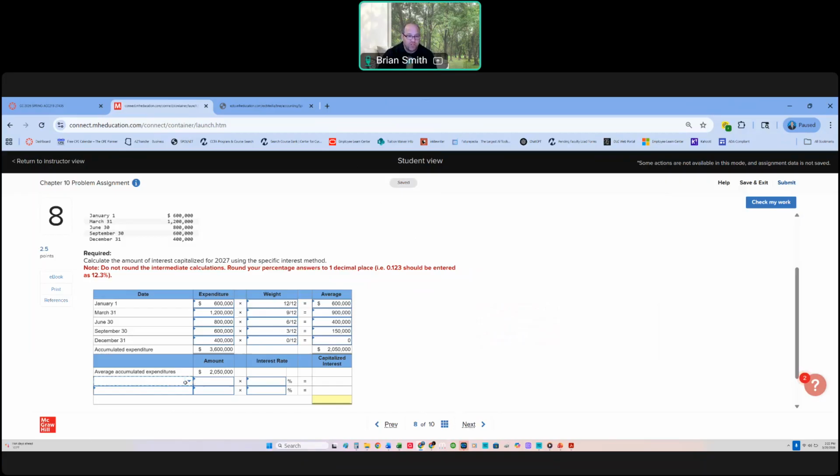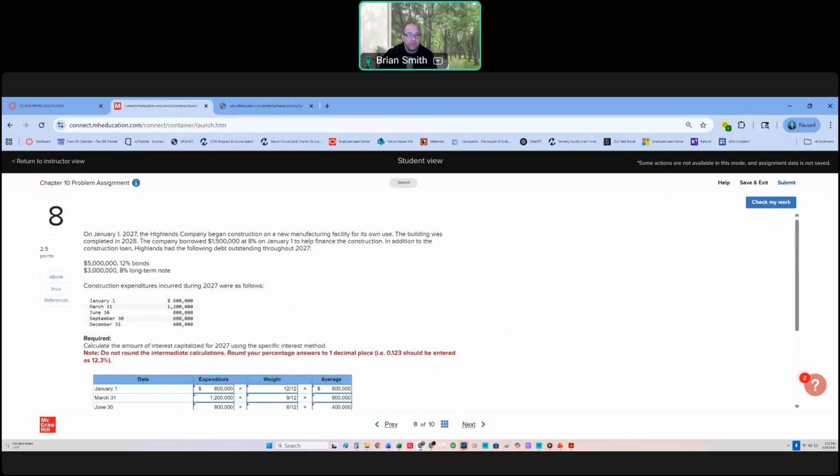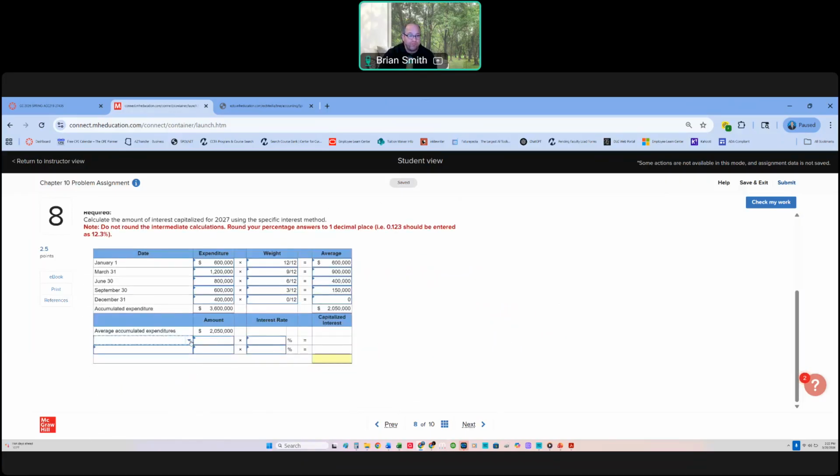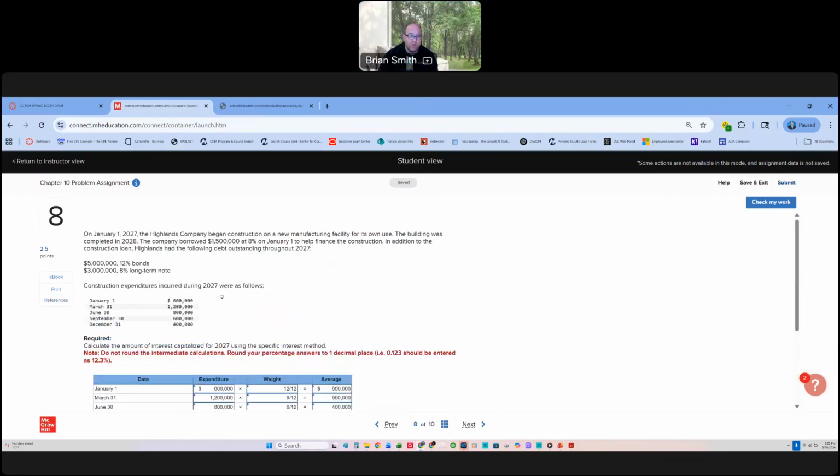Then here we need the construction loan, which was how much? 1.5 million at 8%. Do we have anything else? Okay, we had 5 million in bonds and 3 million as a long-term note.